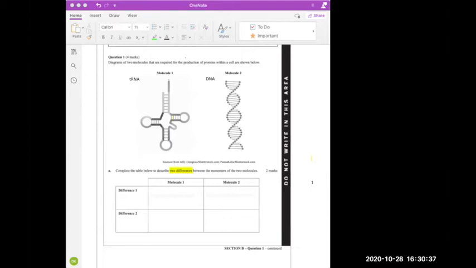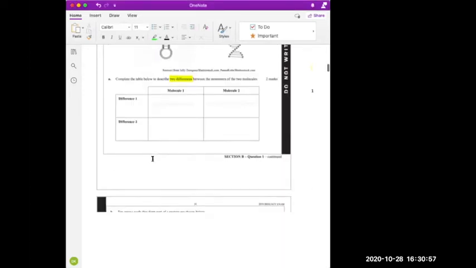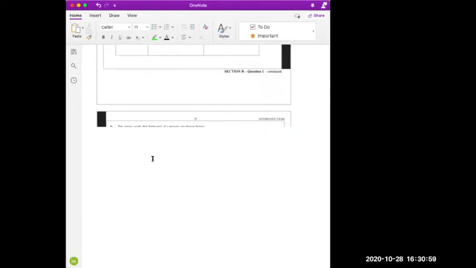And then the second one is that your tRNA is actually single-stranded. I know it doesn't necessarily look it, but it's single-stranded, whereas the DNA is double-stranded. Another difference you could put is that the tRNA would have a ribose sugar in each of the nucleotides, whilst the DNA has that deoxyribose sugar in each nucleotide. So that's fairly straightforward, 2 marks.